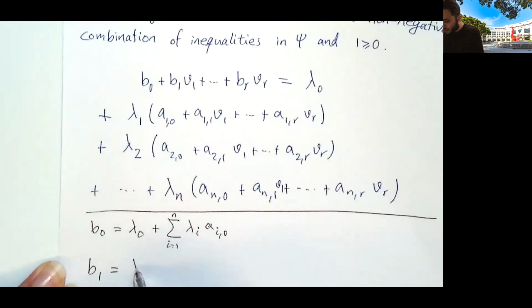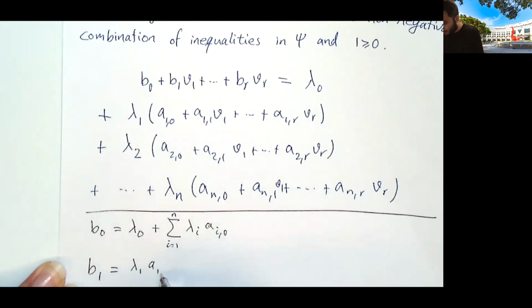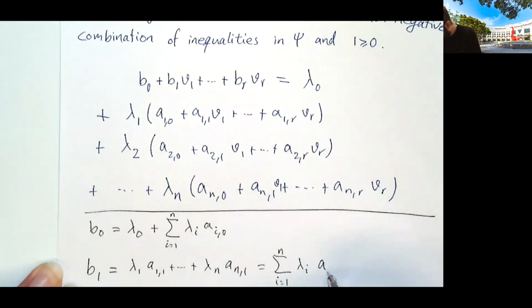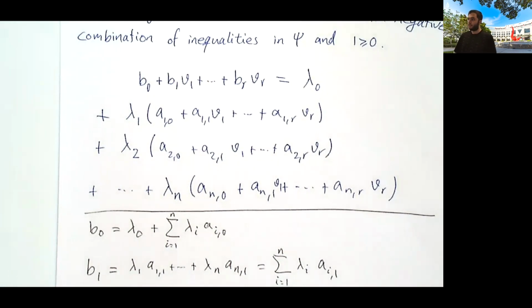And that's basically lambda 1 times A11, so on, to lambda n times An1, which is the sum of i from 1 to n, lambda i, Ai1, right?